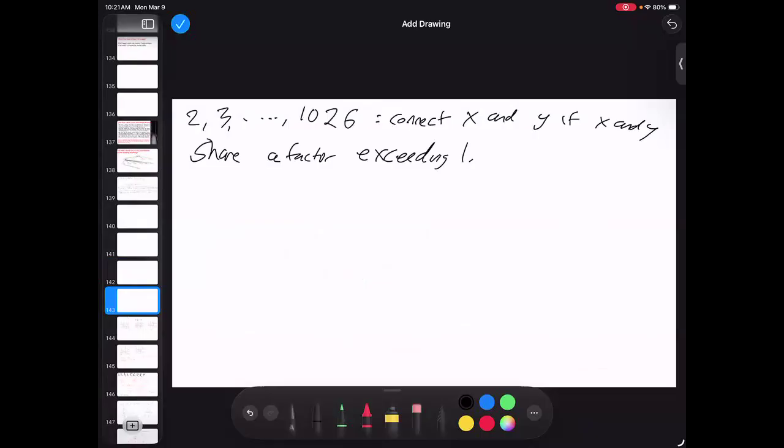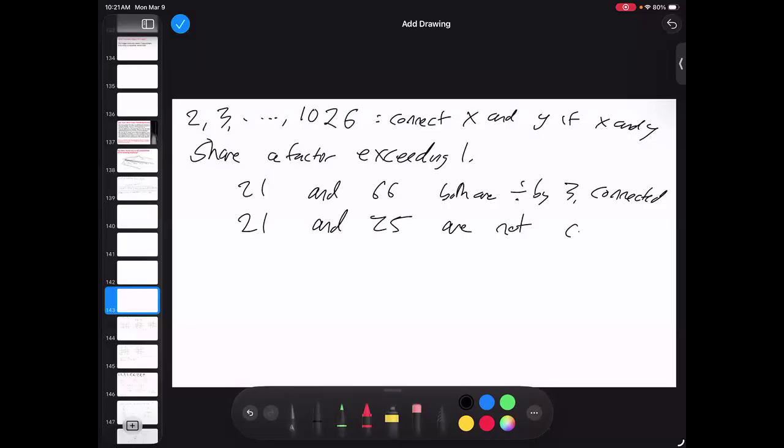So for example, 21 and 66 both are divisible by 3 and are connected. 21 and 25 are not connected. So here's the question. Prove the coloring number is at least 10.